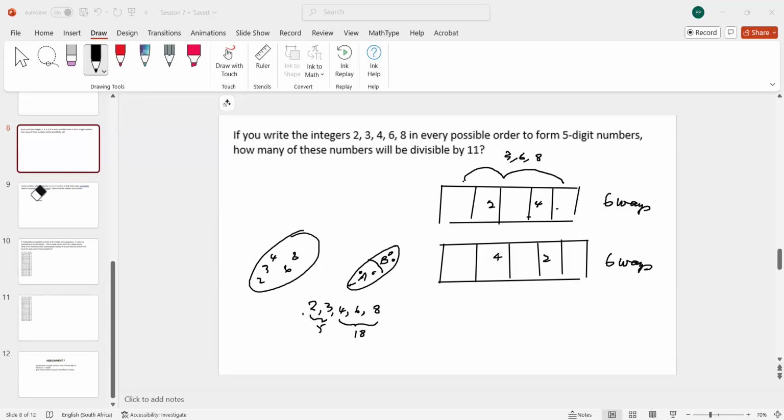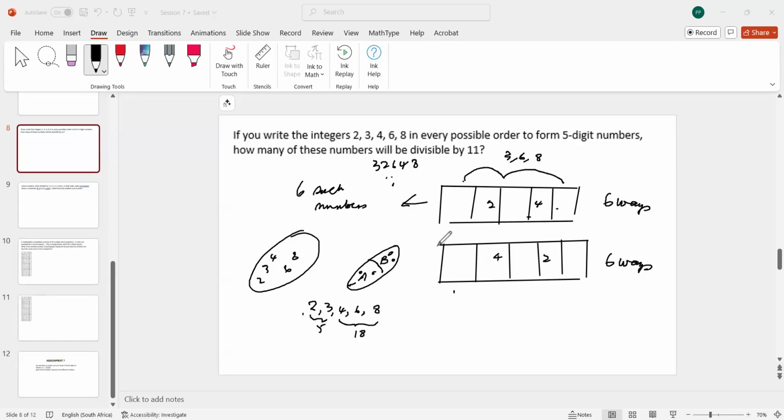So if I want to close it up properly, there are 6 such numbers. In this case, you get 3, 2, 6, 4, 8, and so on.